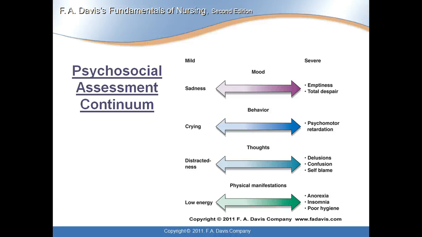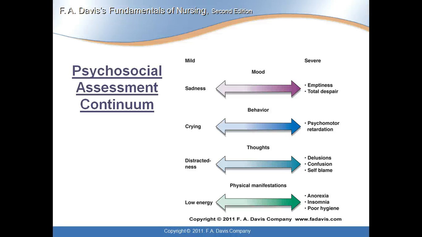When you're doing a psychosocial assessment, you're also going to look at these two different columns. There's a difference between the two. People do get sad, people cry, people get distracted, and people tend to have low energy, and those are typical and relatively normal symptoms.